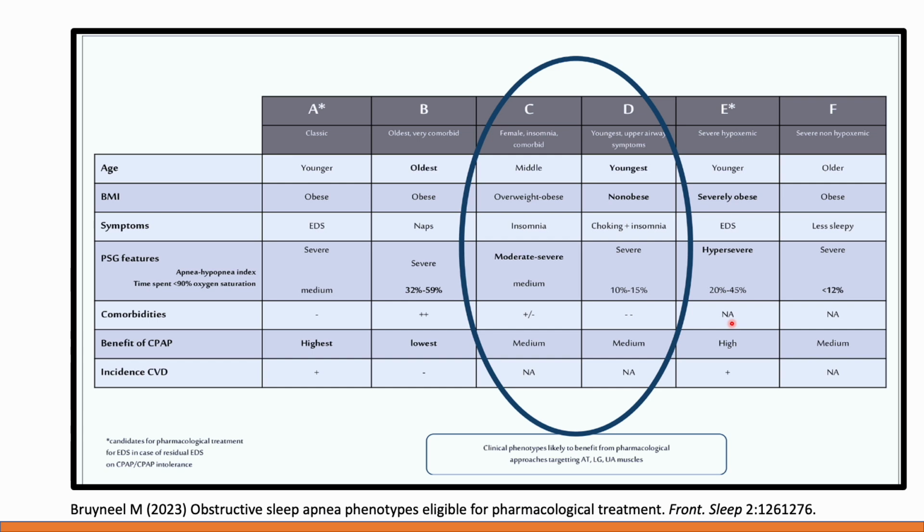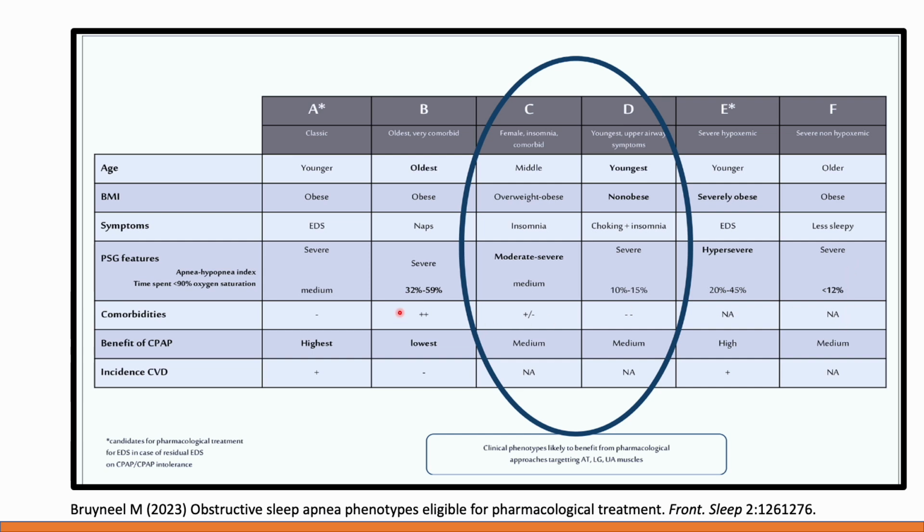There may also be a subset of people who are older and obese. They will be less sleepy. They would say that they don't feel sleepy in the day, they are just going about their work. But they will have a high AHI with oxygen desaturation, and they will also have a medium benefit.